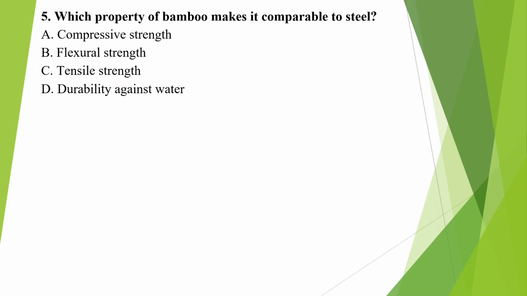Compressive strength is twice that of concrete, but the comparable one is tensile strength, which is nearly in the range of 140 to 280 Newton per mm square for both materials. So whoever has marked option C is correct, and whoever marked option A needs to check their concept again. Is it clear now? Option C is the correct answer. Can we move to the next question?